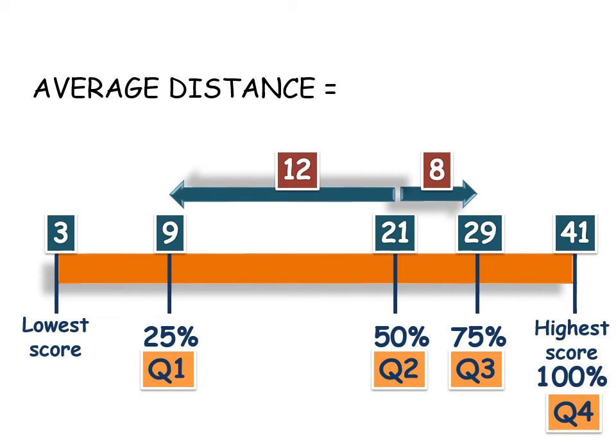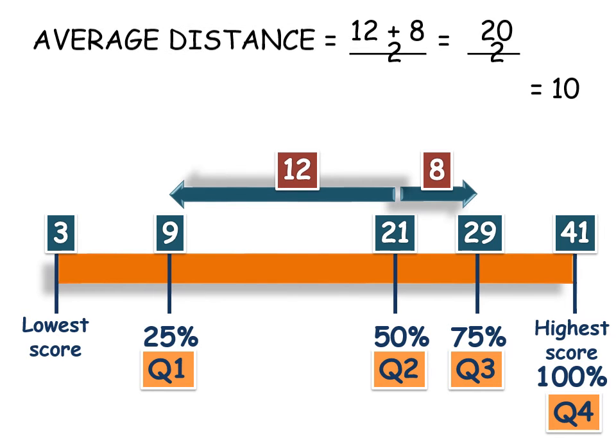Now, what is the average distance between median and the first quartile, median and the third quartile? This would be calculated by way of 12 plus 8 divided by 2. So what you do is basically take an average. 12 marks, the 25% cases below the median, 8 marks is 25% of the cases above the median. So you get that average, 20 divided by 2, this happens to be 10.